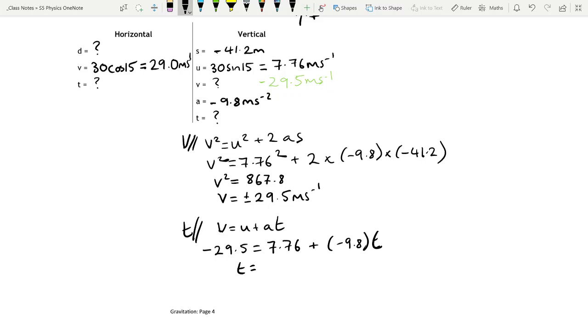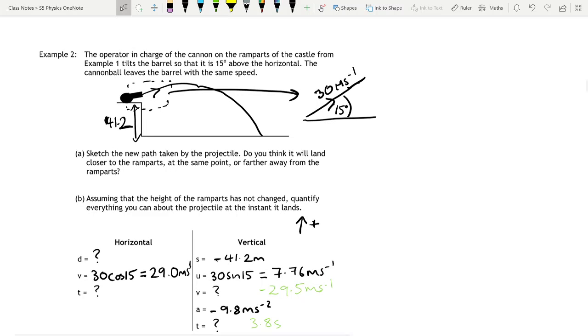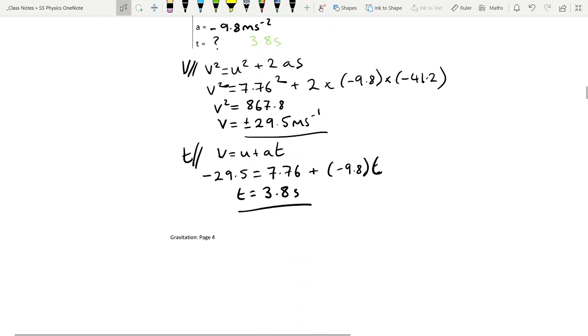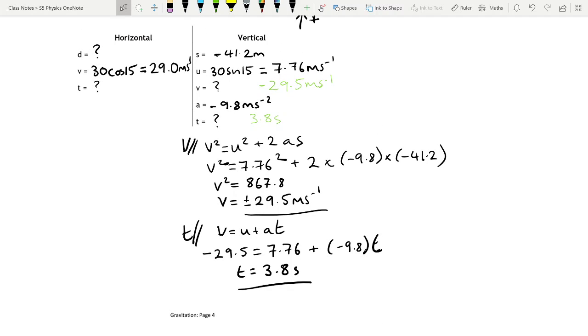So the time comes to 3.8 seconds. If you look at the diagram, it's going up and then down, and we've taken upwards to be positive, so it's going to be negative. It could be positive or negative from your answer, you don't know, but you can just tell from the motion. Apologies for that noise. Don't know what is happening out there.